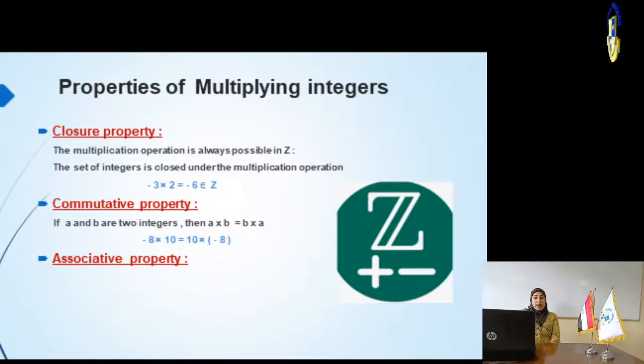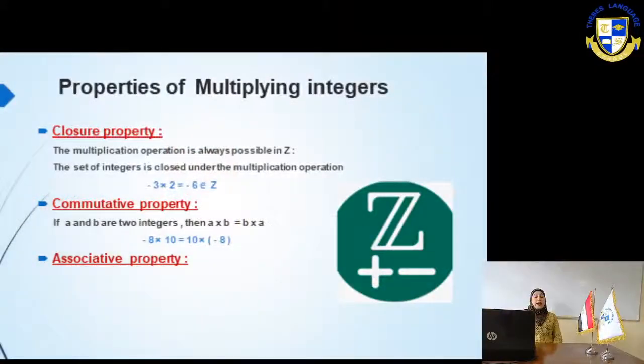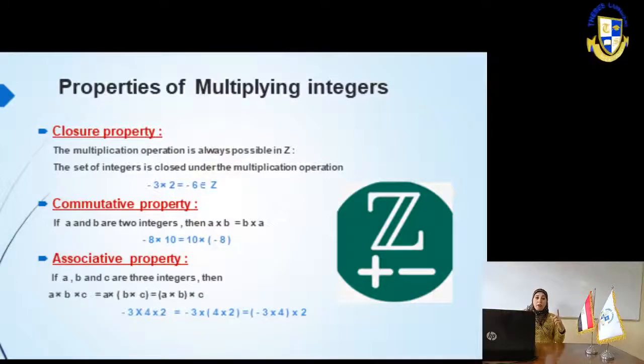Number 3, the associative property. We said before, the meaning of the associative property: if I make groups from the integers, if I use brackets. So, A multiplied by B multiplied by C equals A multiplied by the group of B multiplied by C, equals the group of A multiplied by B, multiplied by C. We could use integers to make it easier.